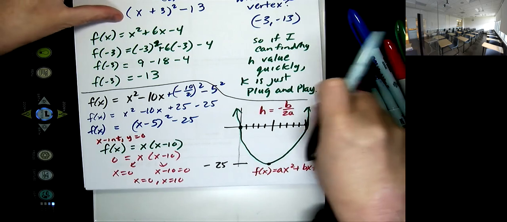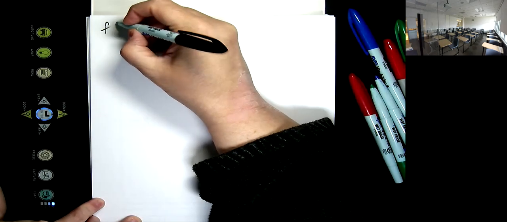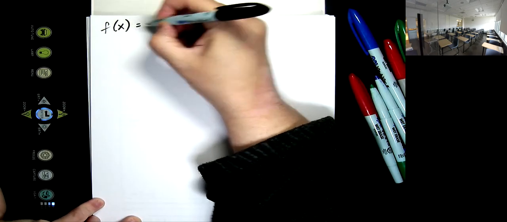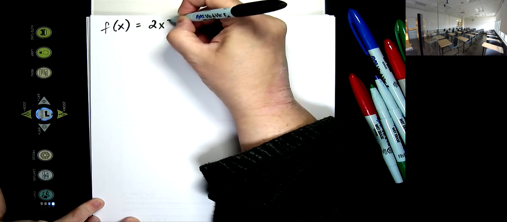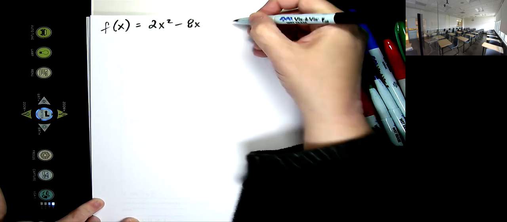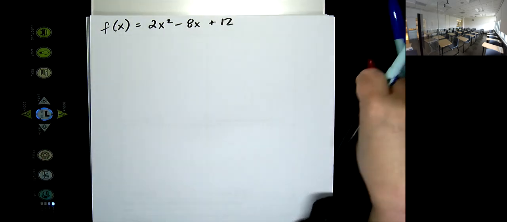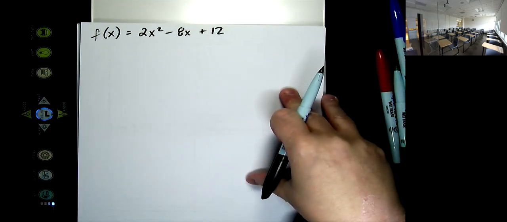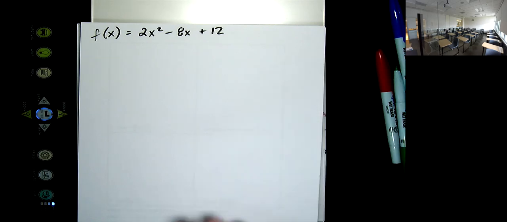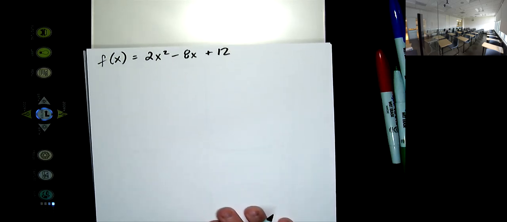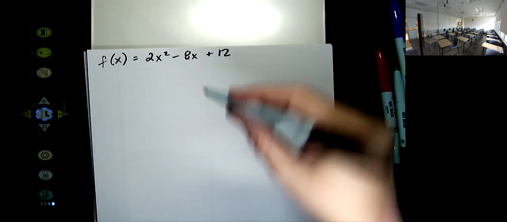All right, so let's take a look at a harder example, and walk through how to do it. What we're going to do, I'm going to still move the 12 to the side.